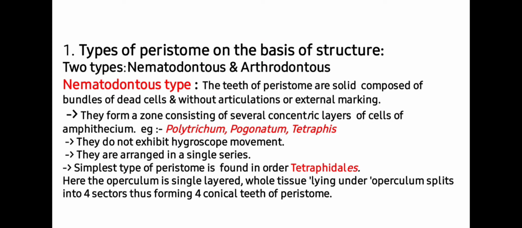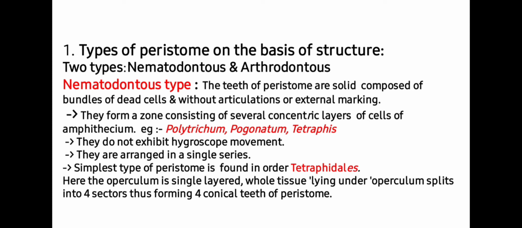So let's understand peristome on the basis of structure in detail, as they are of 2 types, nematodontous and arthrodontous. In the nematodontous type, as I explained to you earlier, teeth of peristome are solid, composed of bundles of dead cells and without articulation or external marking.